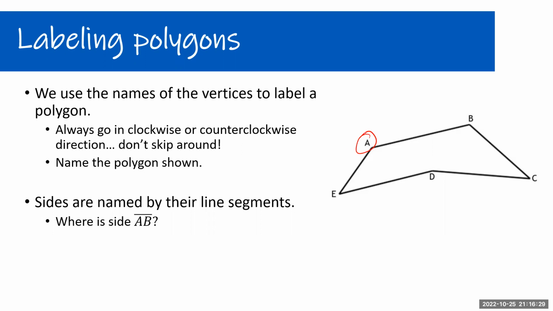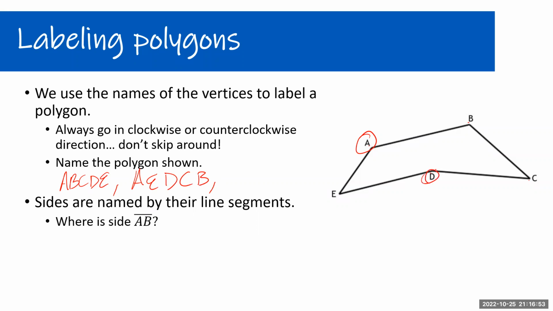You have to go in one direction. So you can go clockwise or you can go counterclockwise. It doesn't matter, but you have to go in order. So here we could name it A, B, C, D, E. Or we could have gone the other way and named it A, E, D, C, B.